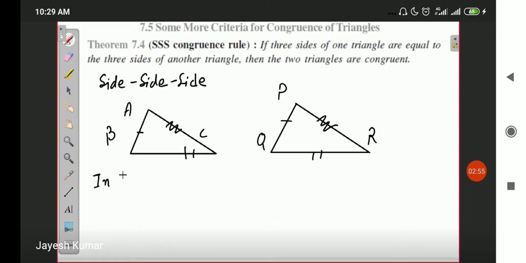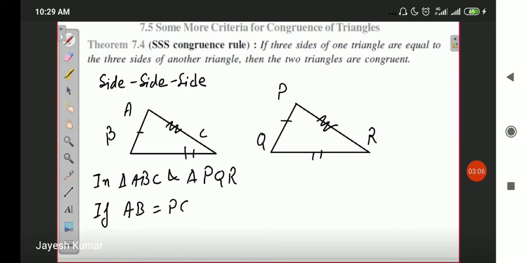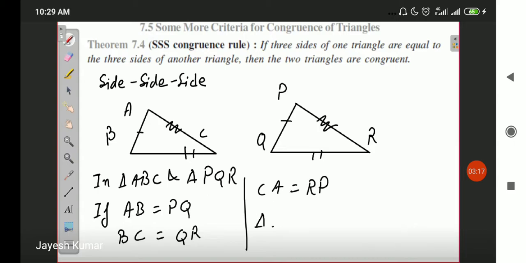In triangle ABC and triangle PQR, if AB side is equal to PQ side, BC side is equal to QR side, and CA side is equal to RP side, in that case triangle ABC will be congruent to triangle PQR.